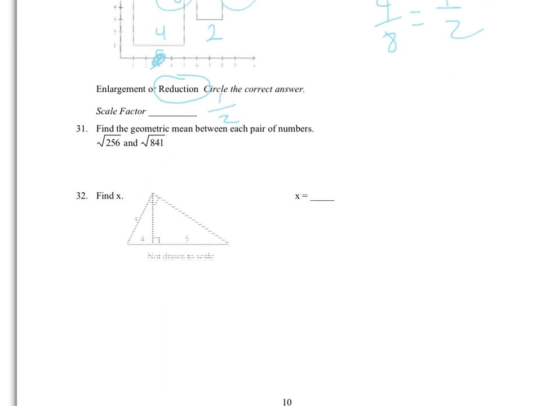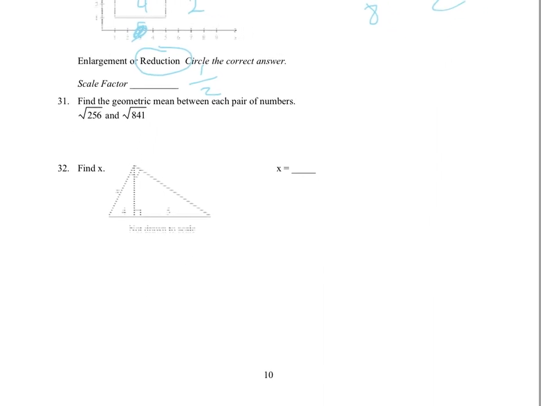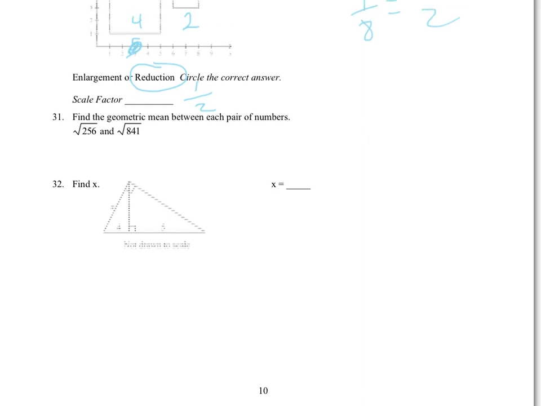Okay, find the geometric mean between these two numbers. Well, the square root of 256 is 16. The square root of 841 is 29. So we're looking for the square root of 16 times 29.